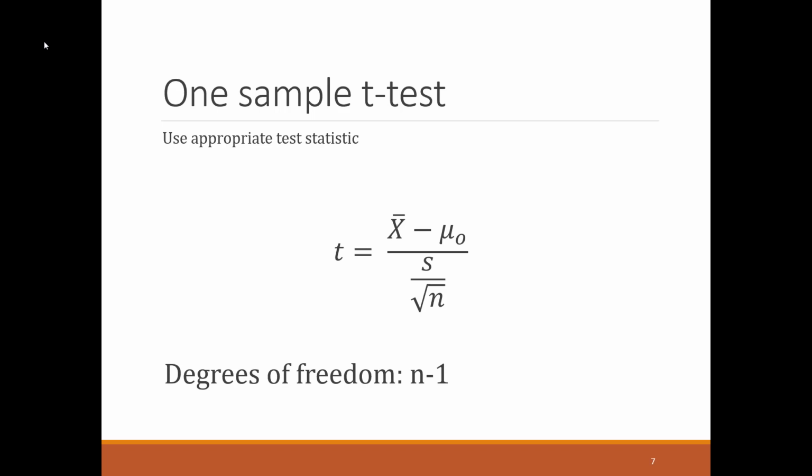That means if we know the mean and we know n minus 1, we could solve for that last observation. So we have 1 less than n for our degrees of freedom. So again, the test statistic is T equals X bar minus mu naught over what we can call the standard error, which is the sample standard deviation divided by the square root of n.